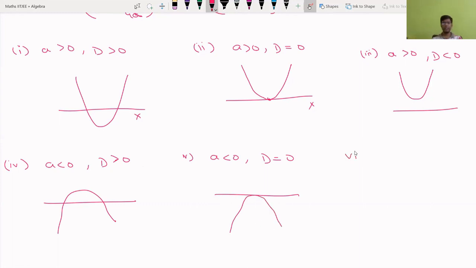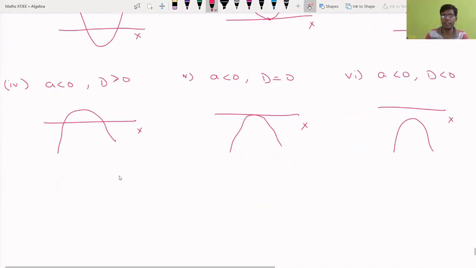Fine. And the last case, when a is less than 0 and D is less than 0, the graph will be an upside down U and won't touch the x-axis. So that's how we can understand what the graph of this particular quadratic equation will look like. It will depend on the sign of a and it will depend on the discriminant. Okay.